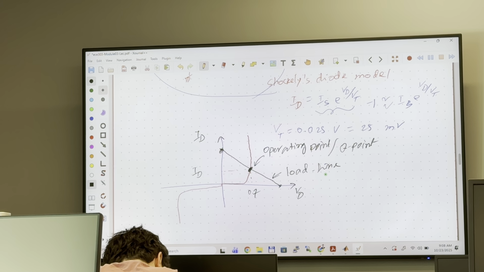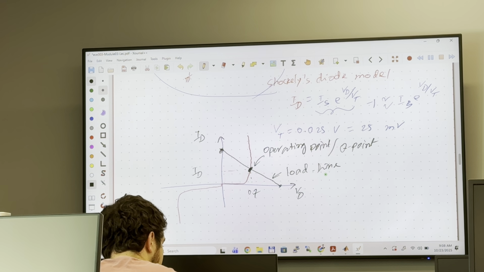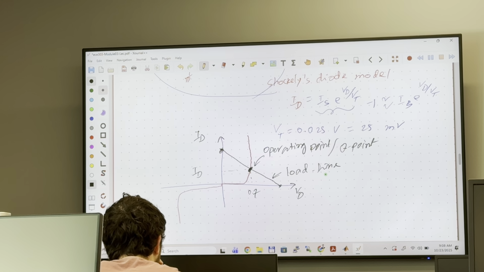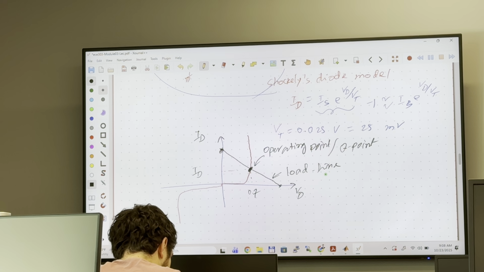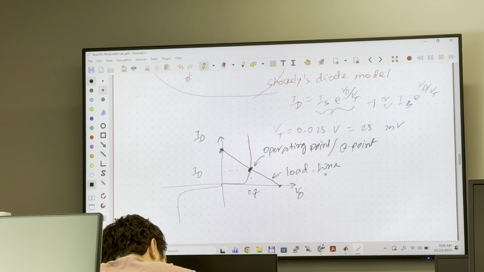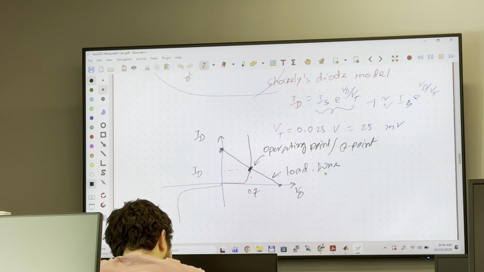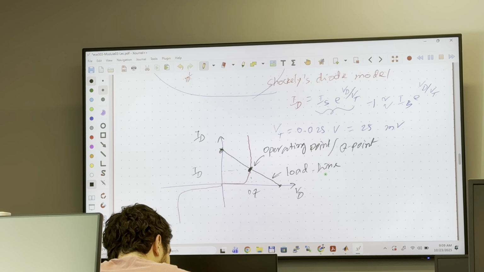Because this diode is a nonlinear device, and we would be applying a very, very small signal to this diode, which could be AC, or it could be noise, a high frequency component, we will not be able to analyze the circuit directly in this nonlinear relationship.